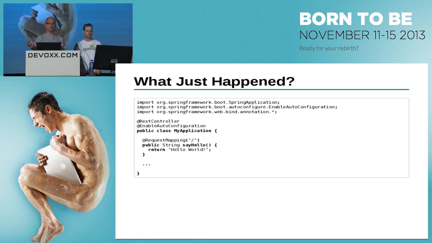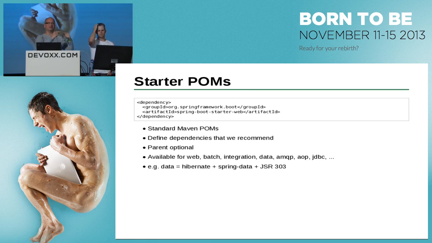What @EnableAutoConfiguration does is create some Spring configuration for you, and it did all the @EnableWebMvc in that case. Interestingly, the fact that it failed, I can't show you now because the console log is gone, but it gave you a report of what it had actually done. These are the beans that I've added. These are the beans that I decided not to add. So it gives you a nice report on why it goes wrong if it does. This is why I wanted to do this slide first.